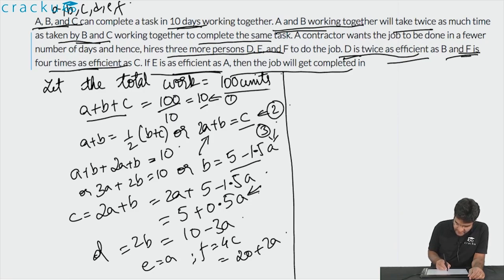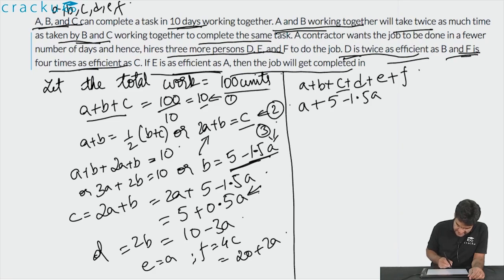Now when you are trying to calculate the total work done by the 6 people in one day, that is A plus B plus C plus D plus E plus F, we will express each one of them in terms of A as we have calculated before. So A is equal to A, B is equal to 5 minus 1.5A, C is equal to 5 plus 0.5A.